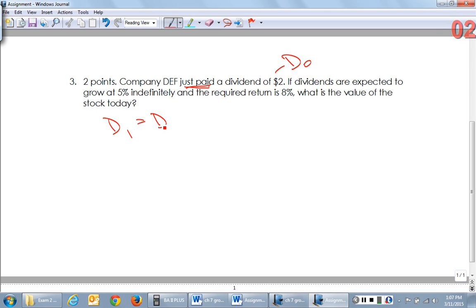D1 is equal to D naught times 1 plus the growth rate. So the next dividend payable is equal to the last dividend paid times 1 plus the growth rate. So here the last dividend paid is $2 times 1 plus the growth rate of 5% gives you $2.10.